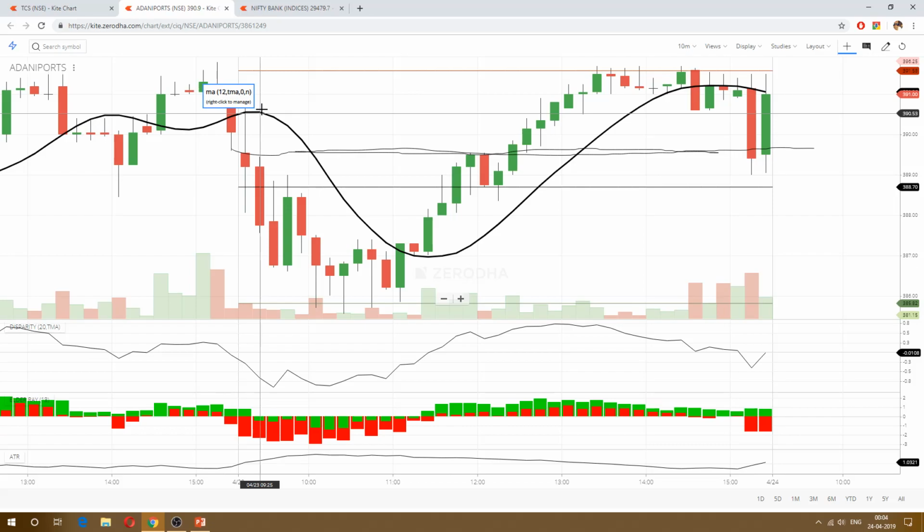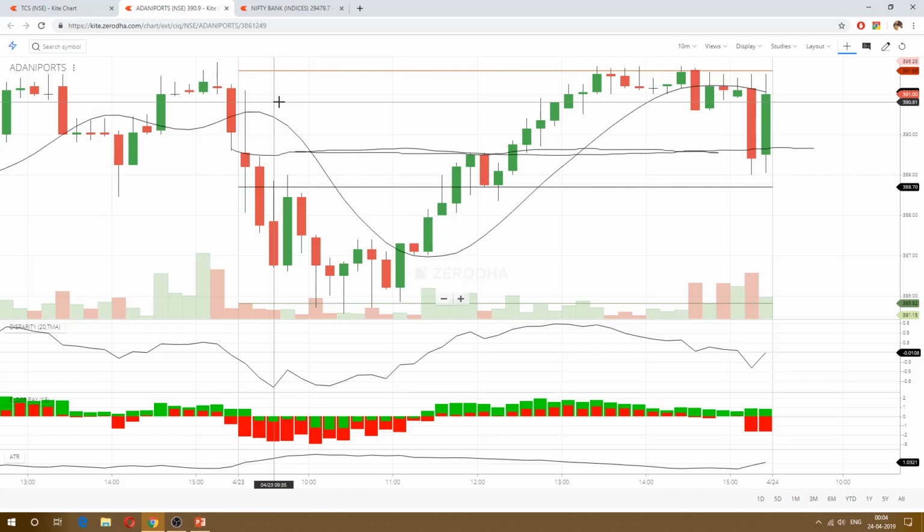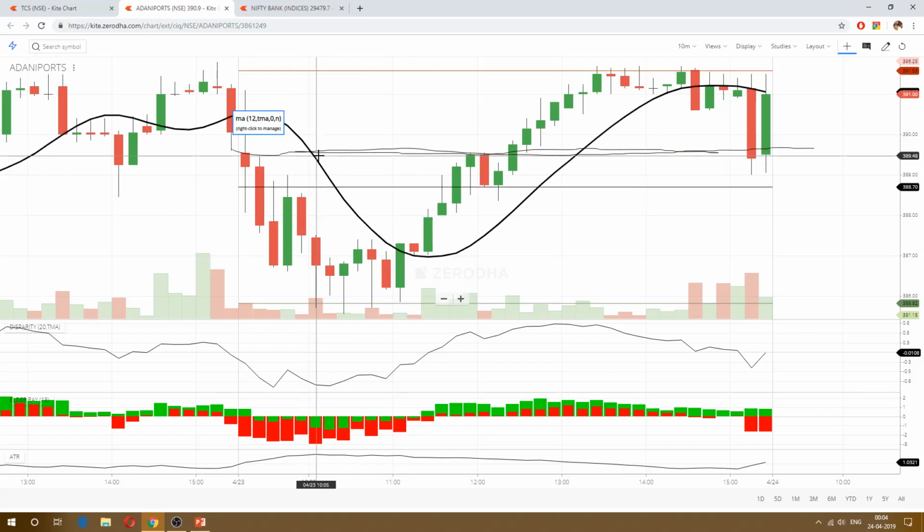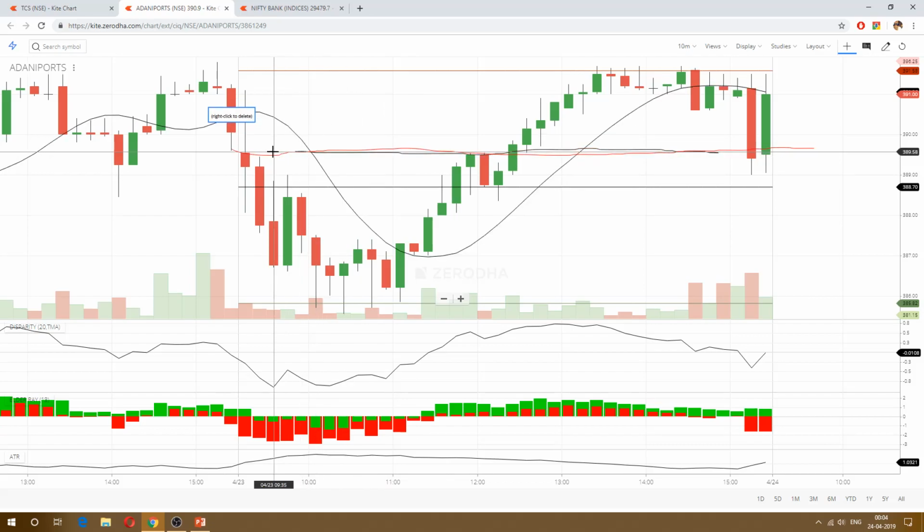Okay, not above the 12 triangular moving average. If you can take that amount of stop loss, then it's up to you, but technically you should have a stop loss here, because we already know that there is a resistance at this price range at 389.55. So you enter at this price, everything is showing down, seller's territory, everything is in our favor.